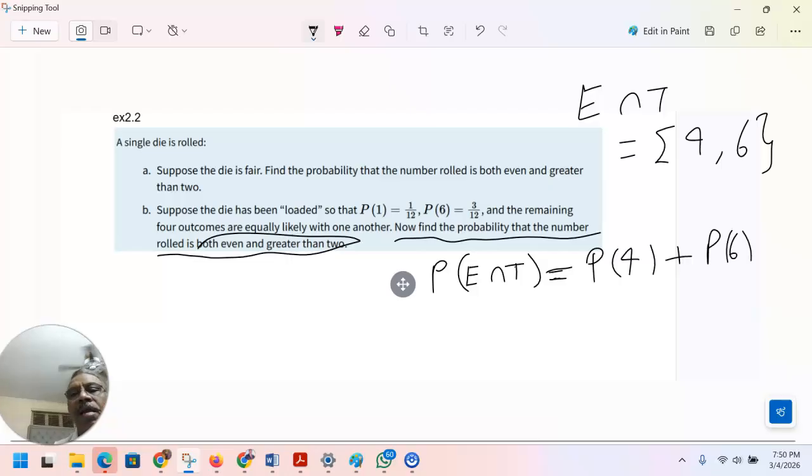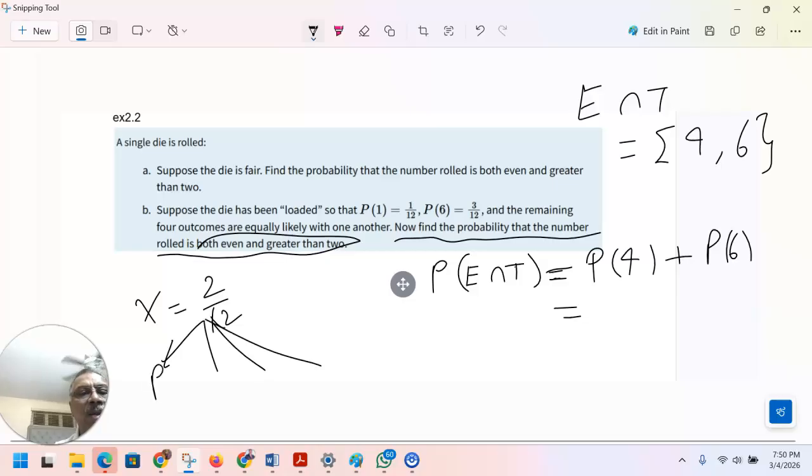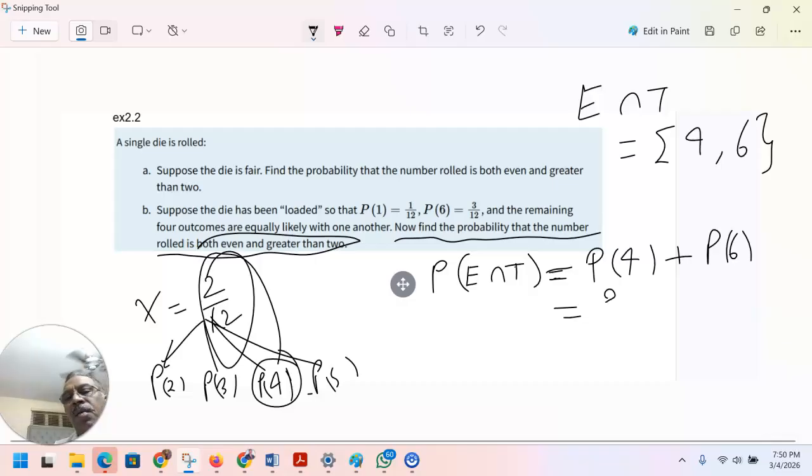If we go back, the x that we figured out was 2 out of 12, which represents all four of them. It's not only the probability of 2, it is also the probability of 3, of 4, and of 5. So probability of 4 is also 2 over 12, and this is 2 over 12, and this is 3 over 12.